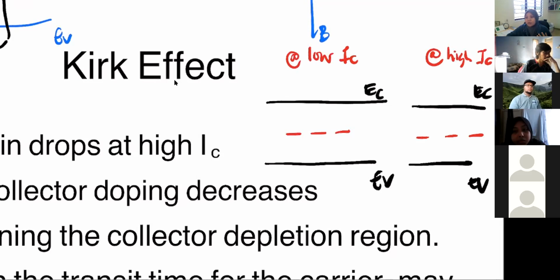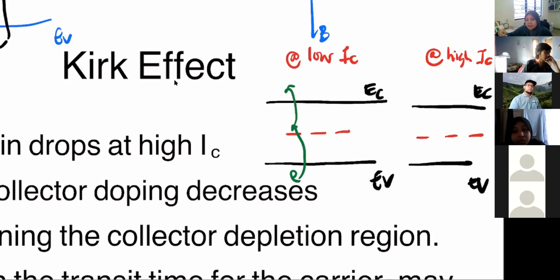When you have a lot of current, the defects will be filled. I have not explained this before. At low IC, a lot of the traps are effective.